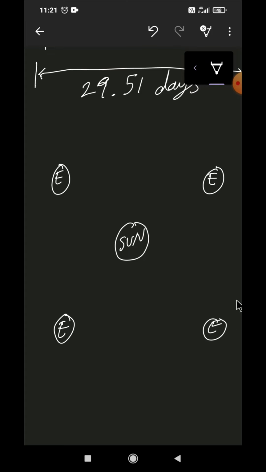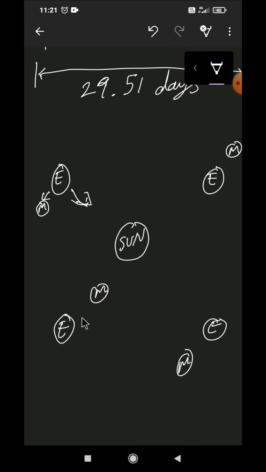Earth, and suppose this is the Moon in one direction. Suppose the Moon is in this direction. So we are considering all four cases. So here there is the pull of the Sun, and this is the pull of the Moon.